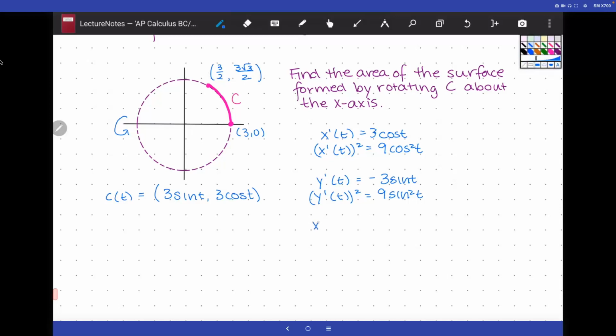So then, x prime of t squared plus y prime of t squared is just 9 cosine squared t plus 9 sine squared t. What does that equal? Yeah, that's just 9. If you factor out the 9, you get cosine squared plus sine squared, which is 1. Can we take the square root of 9, though? That's going to be tough. I know, right?